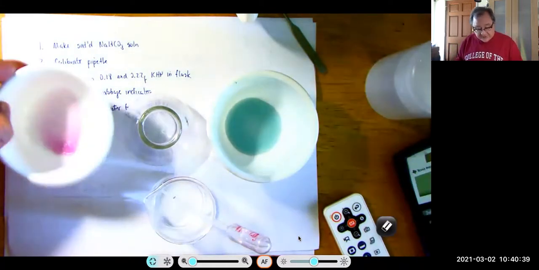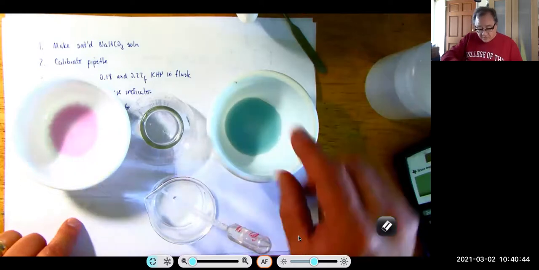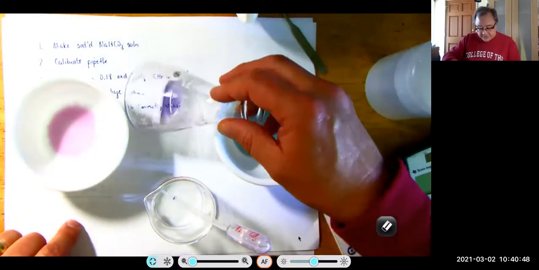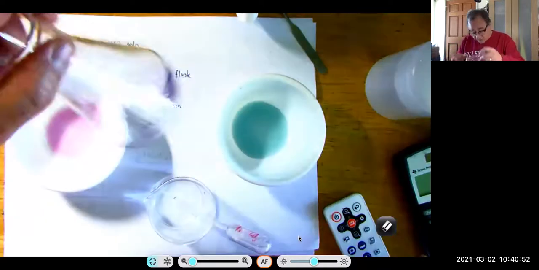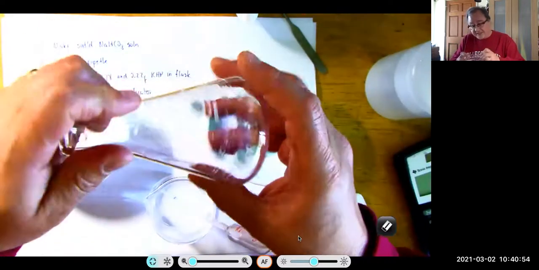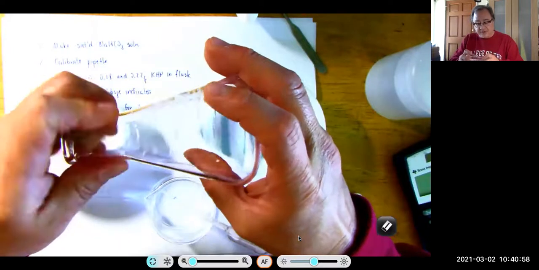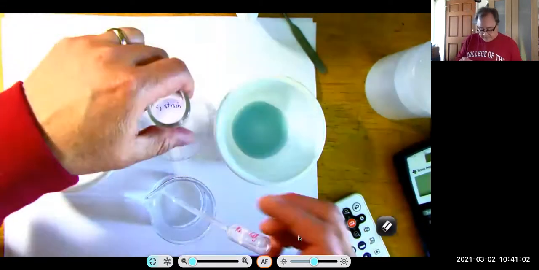And so here we can see what I had to begin with, what I'm reaching for, and what I have here. So you can see that this is really a mix between these two. And also when I swirl this and I look at the sides, I can see little bits of solid still undissolved, which means that some of my potassium hydrogen phthalate has not reacted.